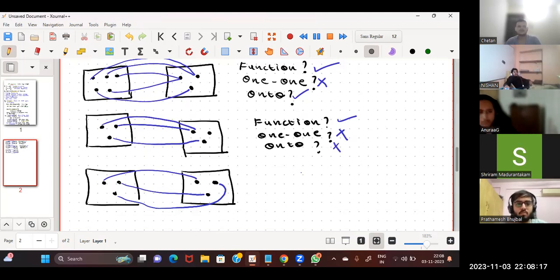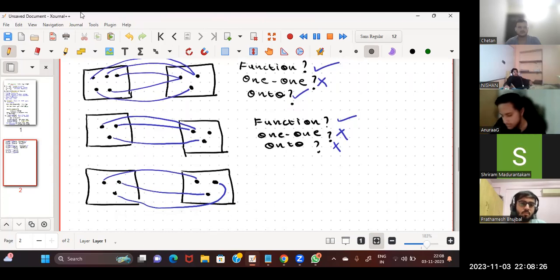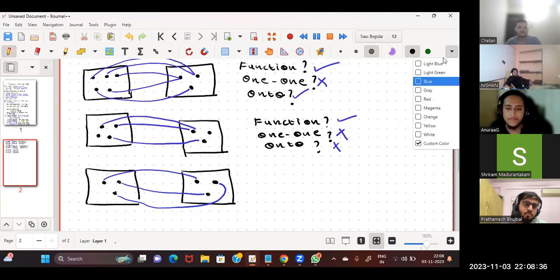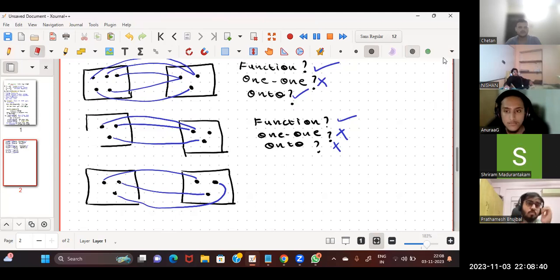Maria, can you do one thing? Draw another ball in the first box. In the same example, draw one another ball in the first box and map it to... Oh, sorry, not in the first box. In the second box, draw another ball in the second box and map one of the inputs to that.